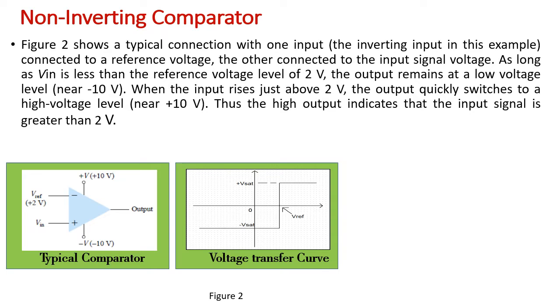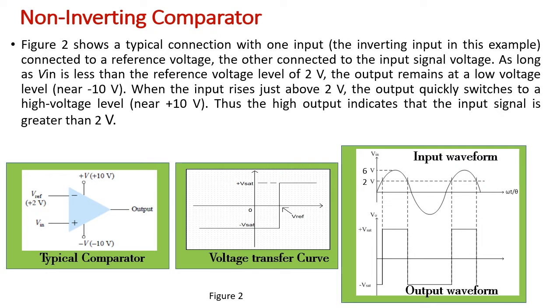If you see the voltage transfer curve, if we apply an input voltage greater than Vreference, it will give Vset, and if it is less than Vreference, it will give minus Vset.